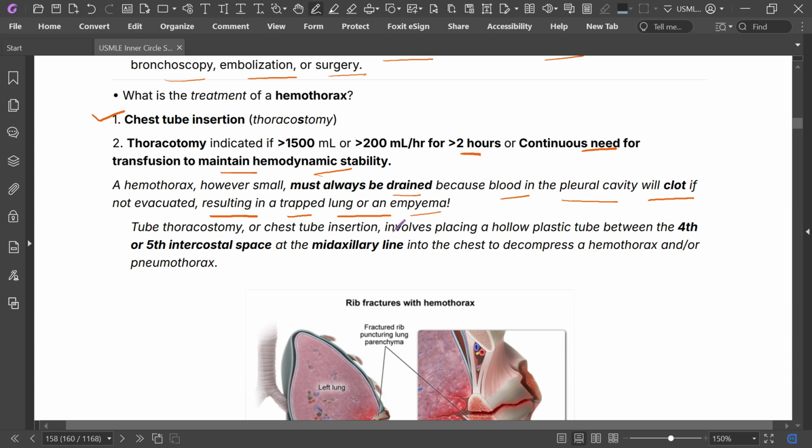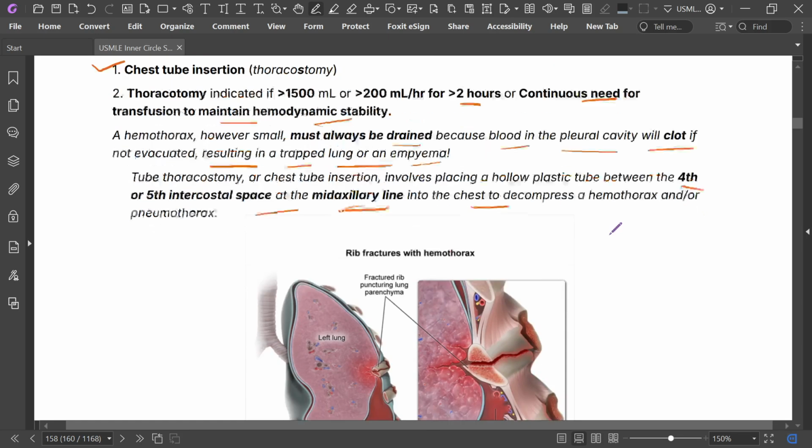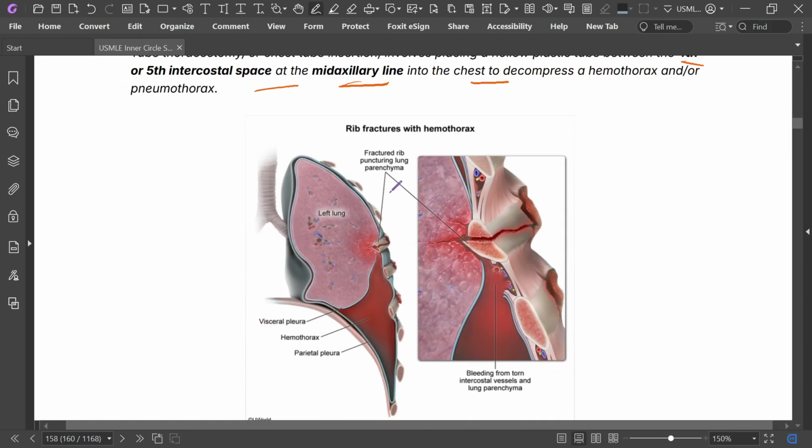Tube thoracostomy, chest tube insertion, involves placing a hollow plastic tube between the fourth and fifth intercostal space at the mid-axillary line into the chest to decompress a hemothorax and/or pneumothorax. Here there is a rib fracture puncturing the lung parenchyma, causing bleeding.